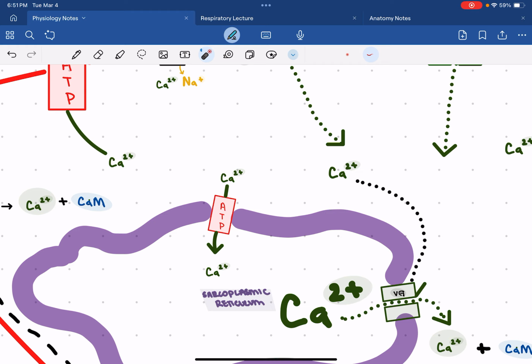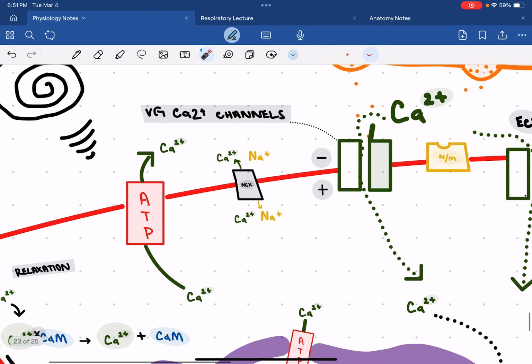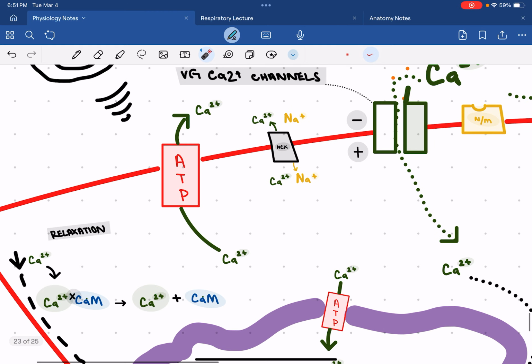So it's sucking all the calcium back in. We also have another calcium ATPase pump working at the sarcolemma. So it's going from ICF all the way to ECF, and it's taking the calcium out.